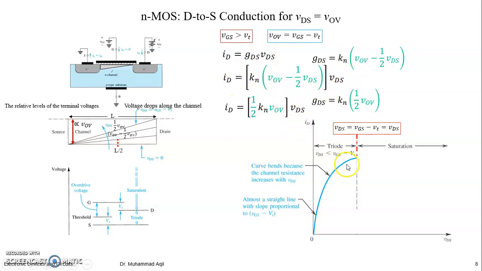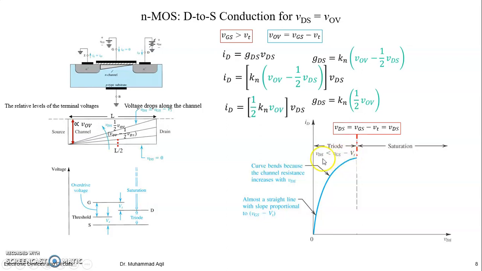So this is only for the previous region, and this previous region is called the triode region. We have a bend here, initially proportional and then bending. This is called the triode region, and it can be marked with the value of VDS less than VOV.